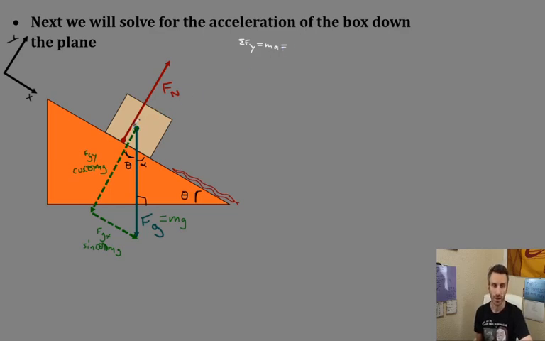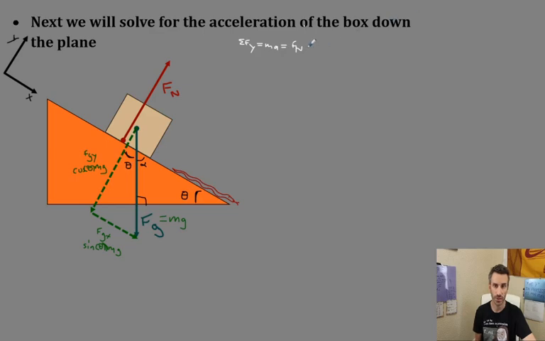So I'm going to say that this direction here is a positive direction. So I'm going to say that it is going to be equal to the normal force plus or minus any other forces that are acting on it. And since this box clearly is not levitating above the inclined plane, there must be some sort of equal and opposite force acting on it, and that would be the force of gravity in the y direction.